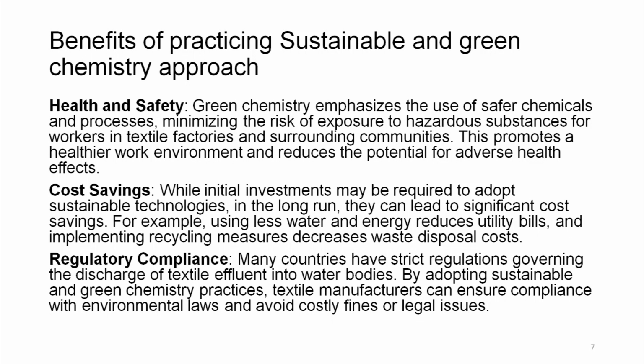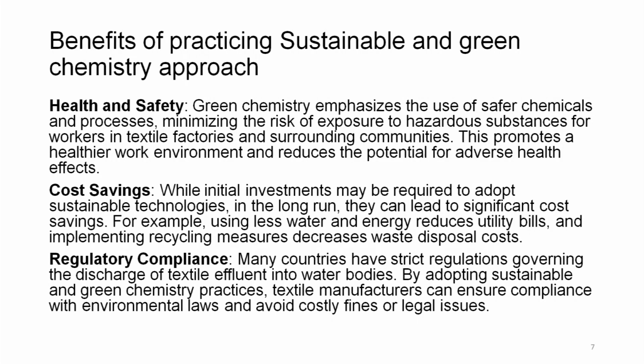Regulatory compliance. Many countries have strict regulations governing the discharge of textile effluent into water bodies. By adopting sustainable and green chemistry practices, textile manufacturers can ensure compliance with environmental laws and avoid costly fines and legal issues.